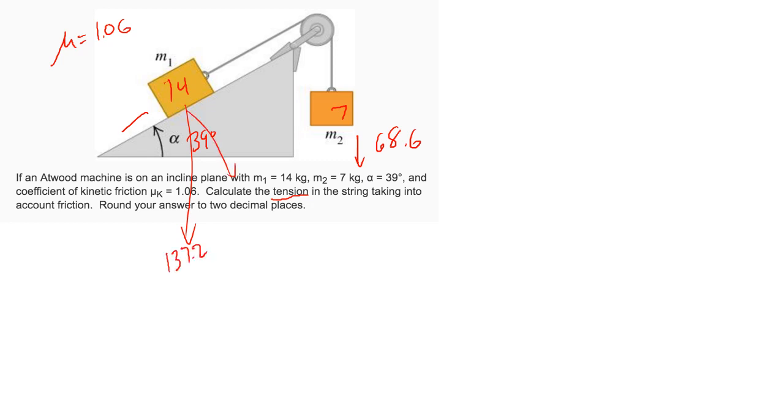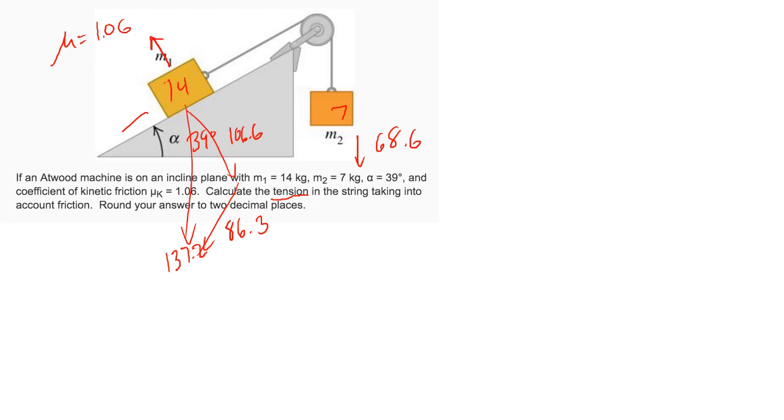I'm going to have this guy and this guy, so the 39's in the right place. So let's figure out what the sine is. Sine 39 times 137 is going to be 86.3, and then the cosine version is going to be 106.6.